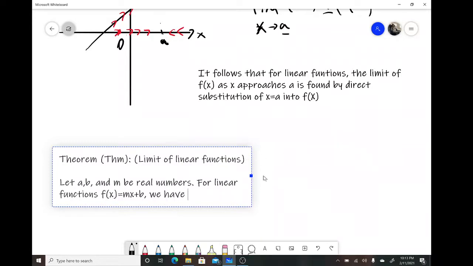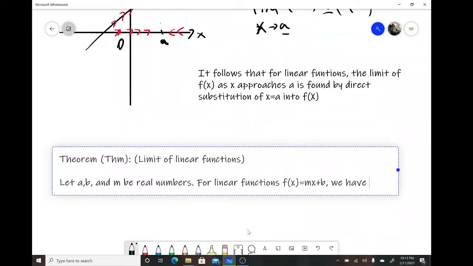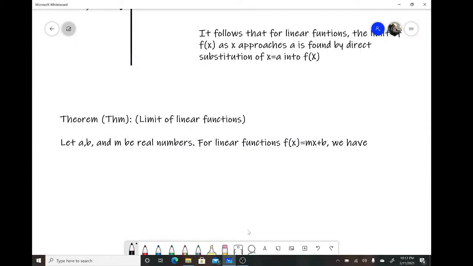We have the limit as x goes to a of f of x equals the output value f of a, which equals m times a plus b. So this is the limit as x goes to a of f of x equals f of a, which equals m times a plus b.